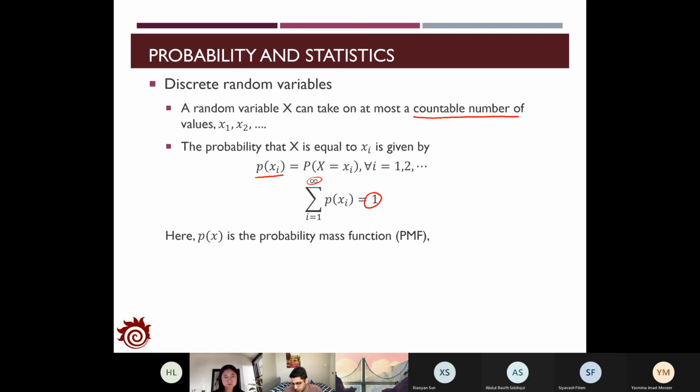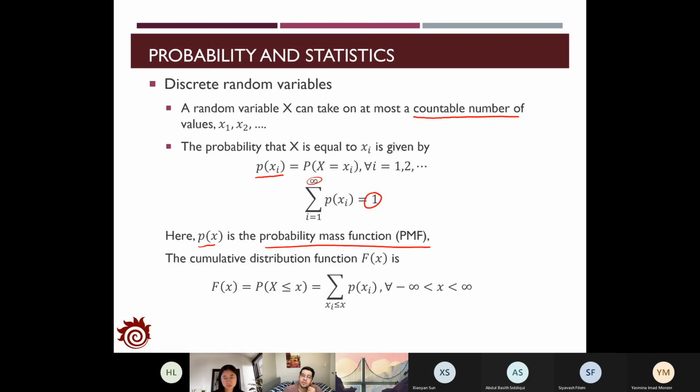So it means that you must select one value from the data set or from the population. And here the little p is defined as the probability mass function, PMF. It's only applied for discrete random variables.